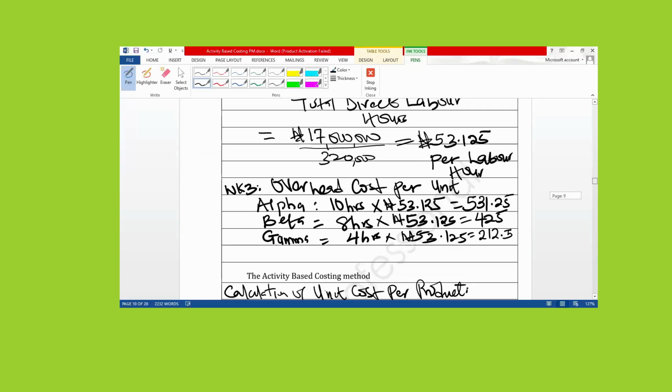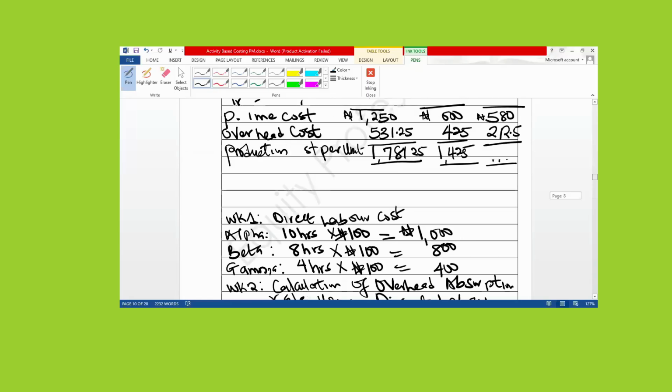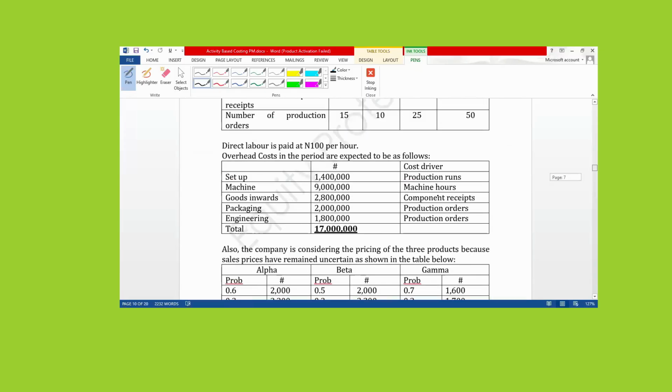Machine hour. I'm not saying machine hour is the cost driver, the examiner is.